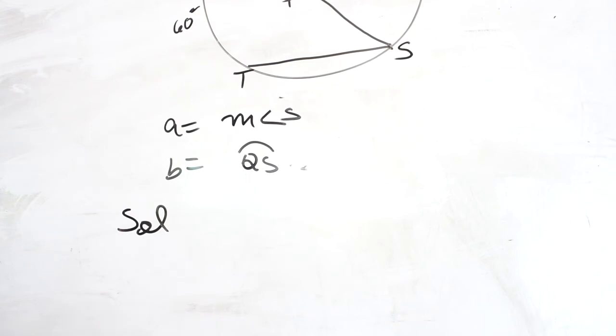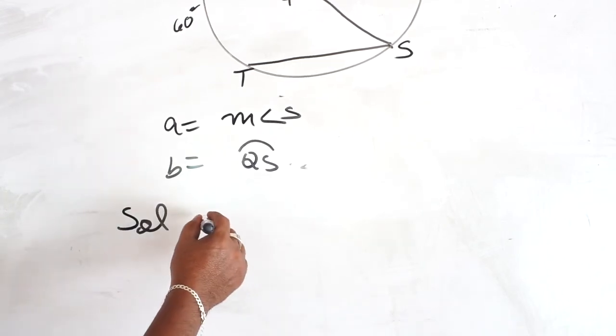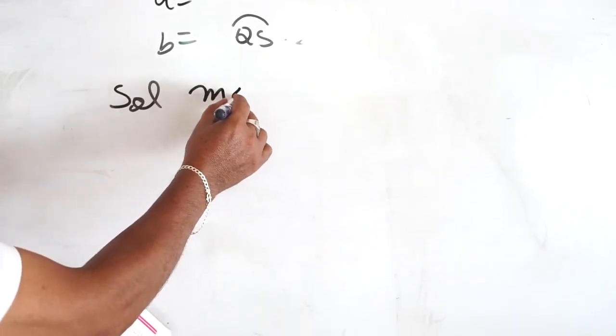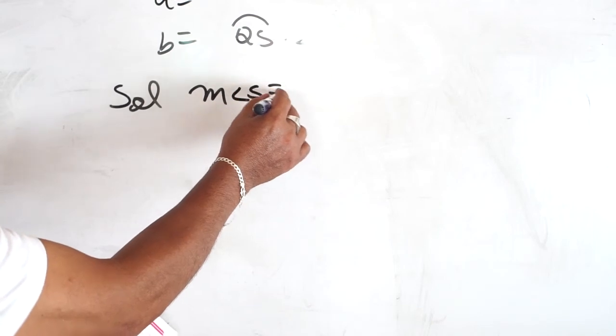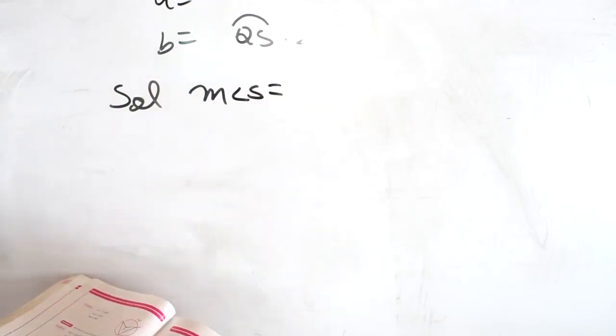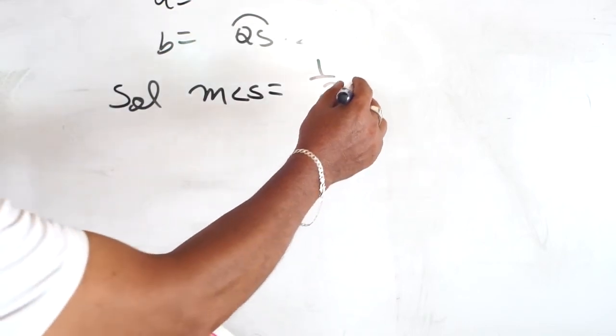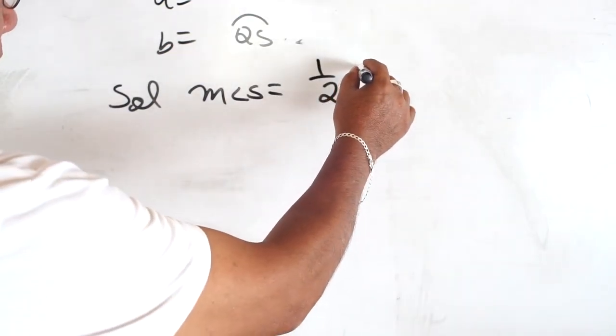Let us now solve the measure of angle RST. The measure of the angle is equal to 1/2 of arc RT. This is the formula.